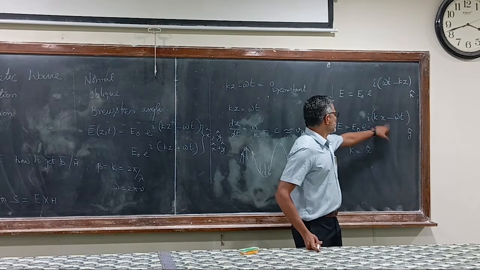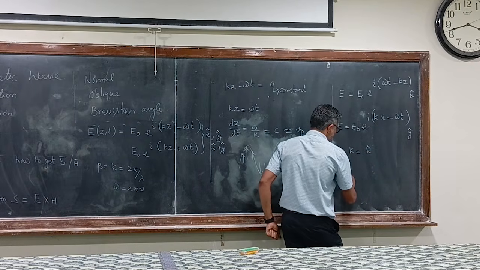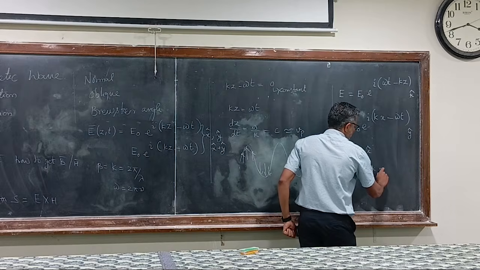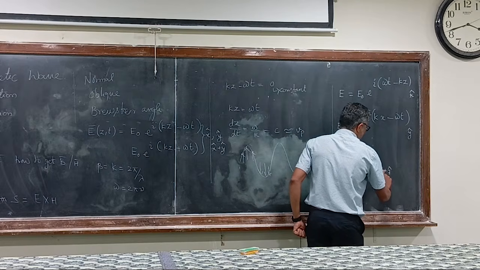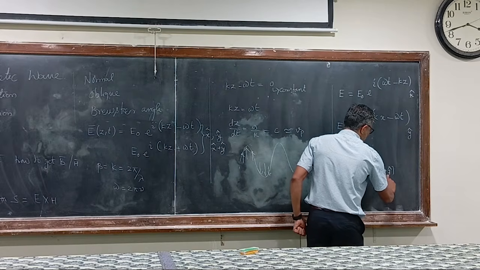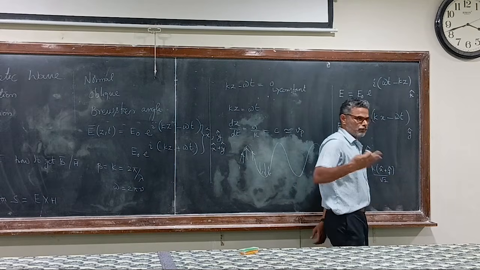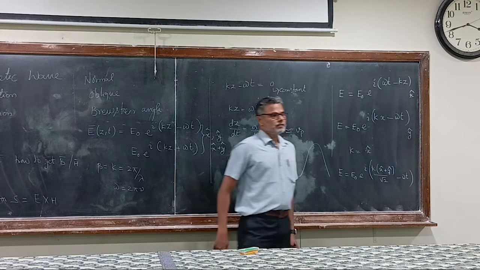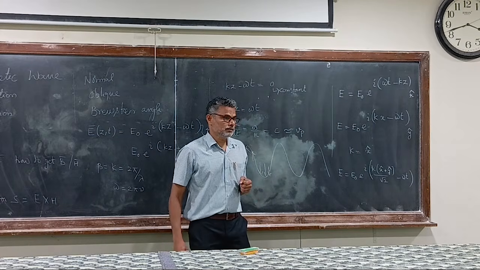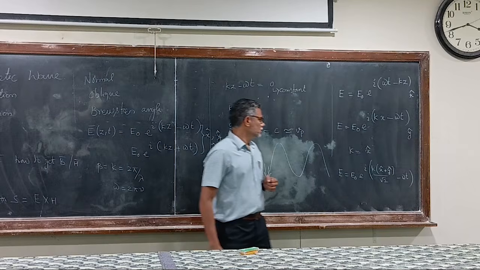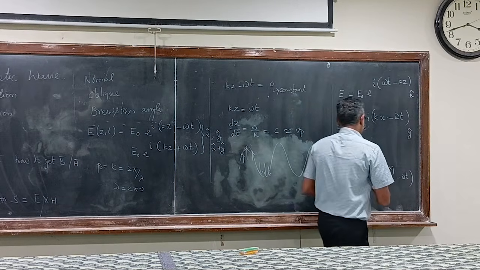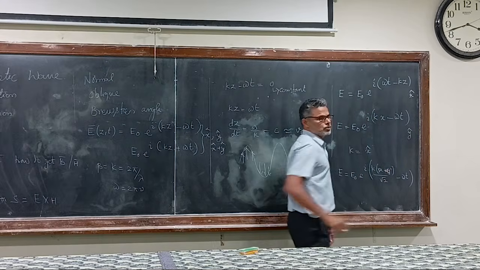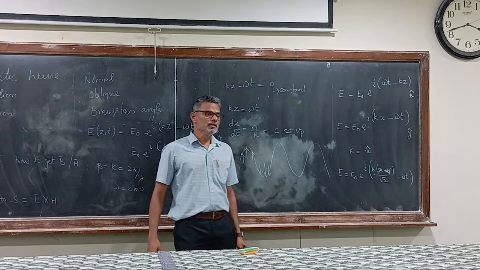Okay. If the coefficient of k is, let's say, you can also have E equal to E0 e to the power of i(k times (x cap plus y cap) divided by root 2, minus omega t). These are all to make you confused. Now, what will be the propagation direction? Or let's say 3x plus 4y divided by root 2.